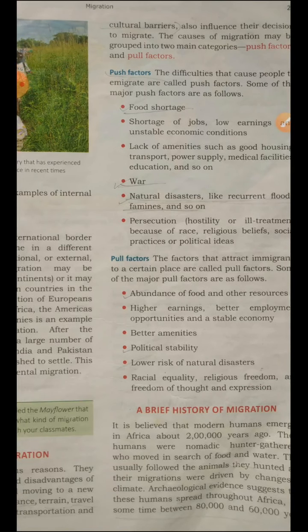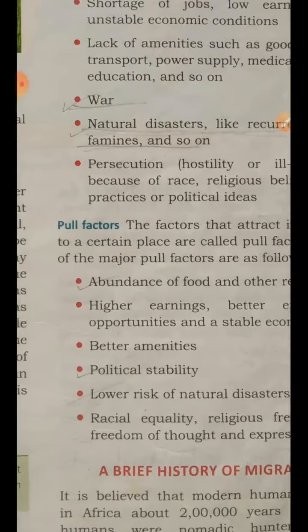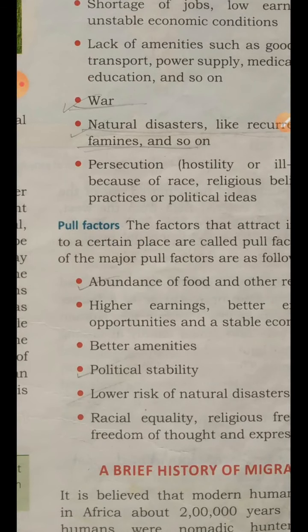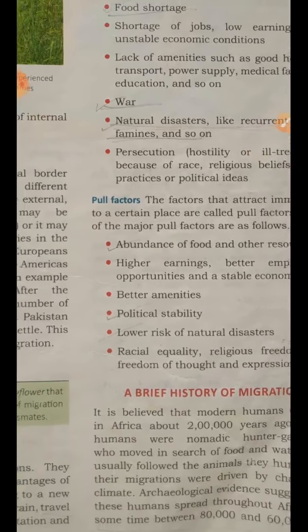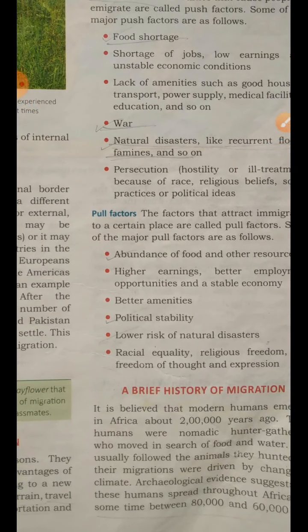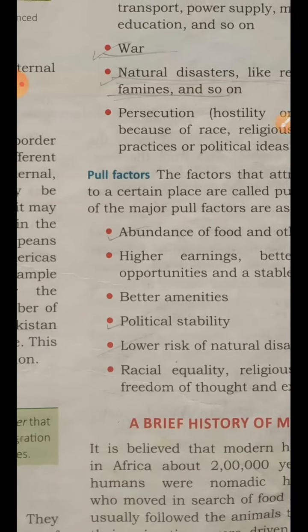Higher earnings, better employment opportunities, and a stable economy. If these things are there, people will be attracted. Better amenities. Amenities are facilities provided to people with some comforts and benefits. Then political stability is there. The government is not destabilizing, and is not leading to disturbance or confusion in the country like war or any kind of disease spreading. The government is able to command and control the people of the country, and the problems of the country are easily met.